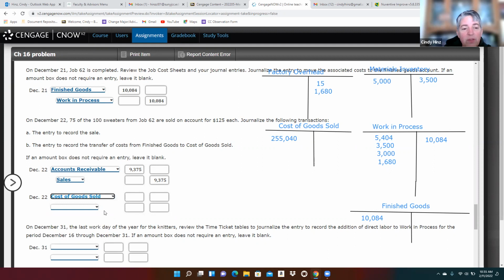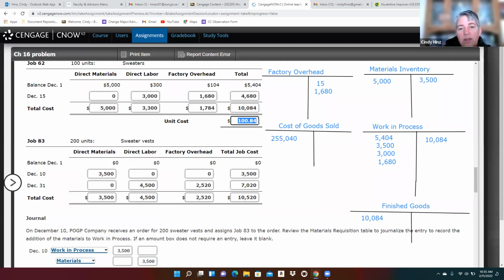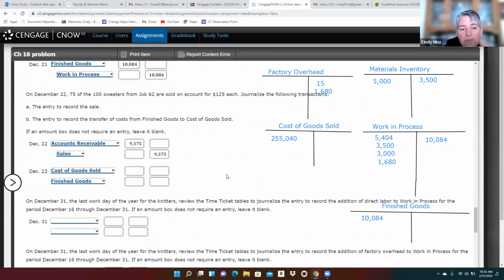Record the transfer of those costs out of finished goods and into cost of goods sold. So if you remember, up here on the job order cost card, we calculated the cost per sweater at $100.84. And we didn't sell all of the sweaters. We only sold 75 of them.